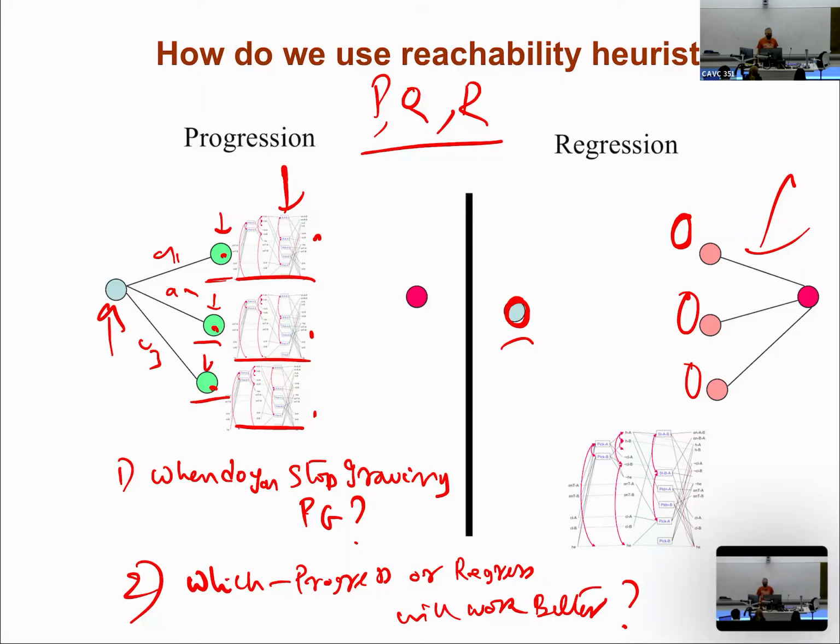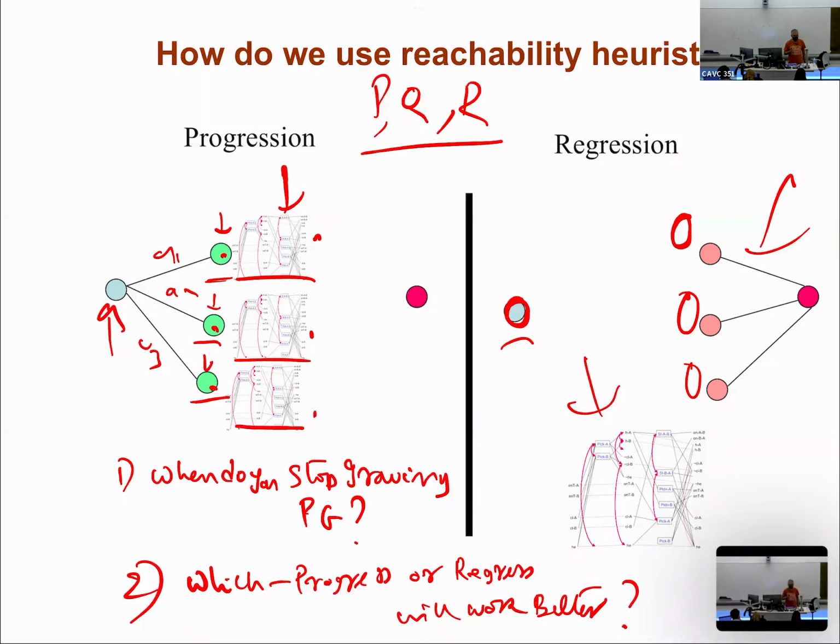If you actually do this, it turns out most of the time, regression planning would essentially do worse in general than the progression planning. Why? Because of the same damn reason. Because it is true that the planning graph has to be constructed only once.